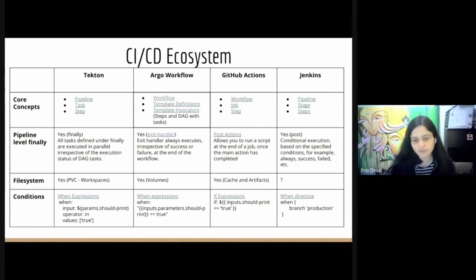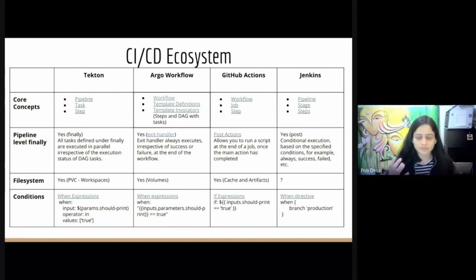There are a lot of different template types available in Argo Workflows, and many of these template types also have containers, scripts, etc. GitHub Actions has jobs, which is very similar to a task, and Jenkins has stages.